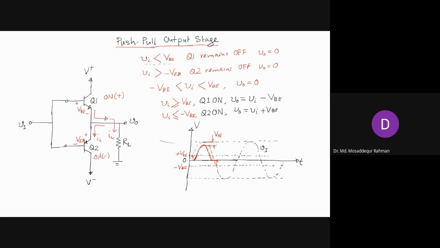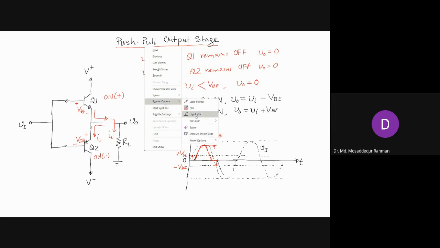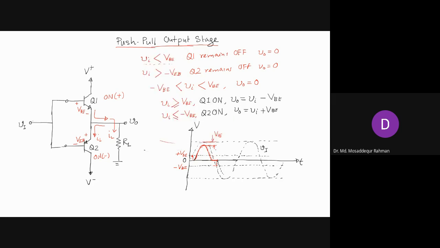At this point, this is zero, and then it starts increasing, reaches maximum, and then it goes to zero when Vi reaches minus VBE.